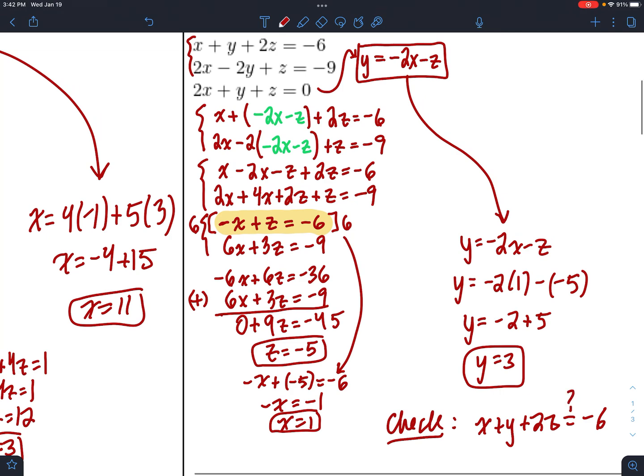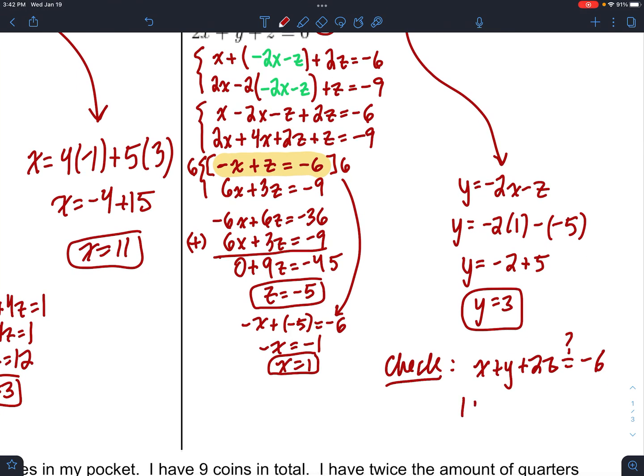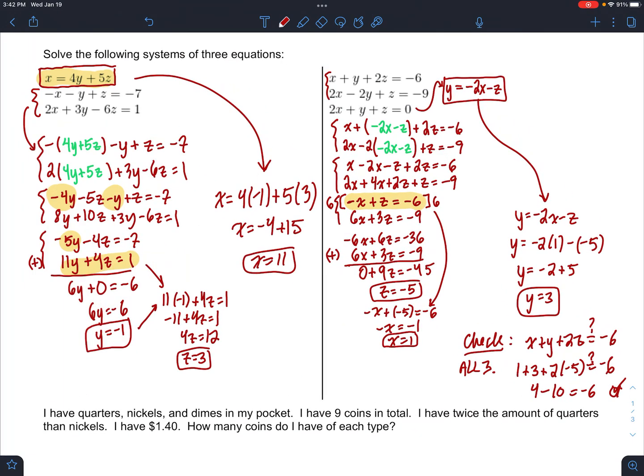So we want to know, is this true based on the numbers we got? And if you do plug them in carefully, we want to test, is this minus 6? Well, I think 4 minus 10 is minus 6. So we would have to check all three if you really wanted to. But if you feel confident you get whole numbers, then it's likely that you did it correct.